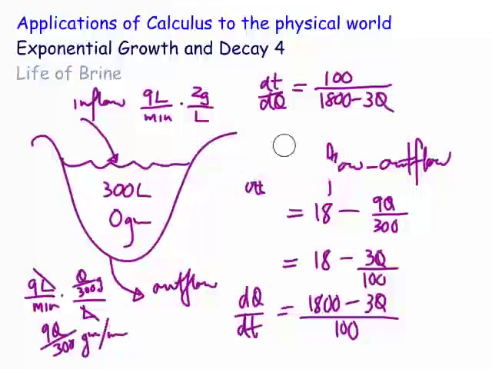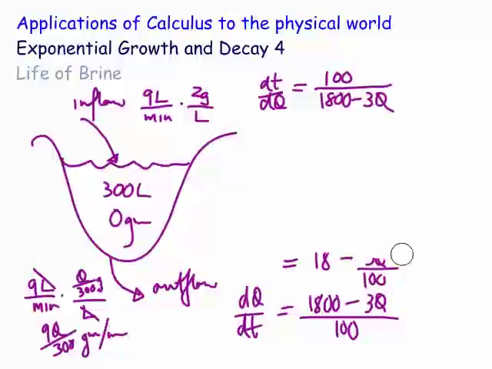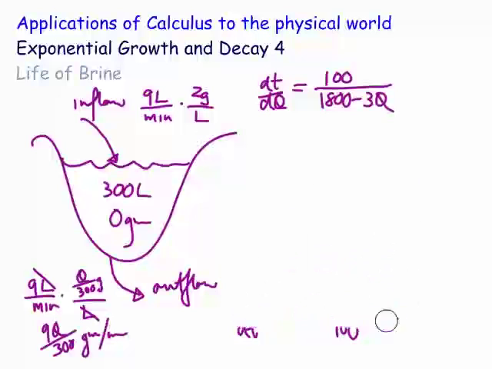We're going to rub out some of this and set up the equation. The integral of dt/dQ with respect to Q is the integral of dt, which is going to give us the time. Now, what is the integral of this one?